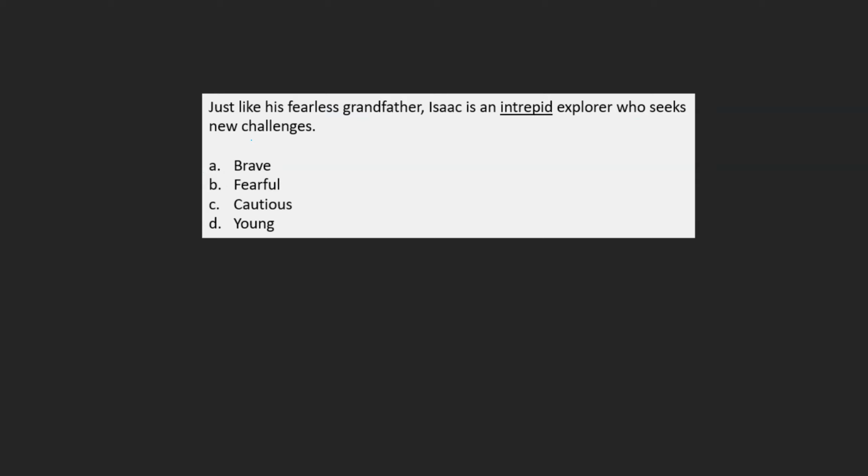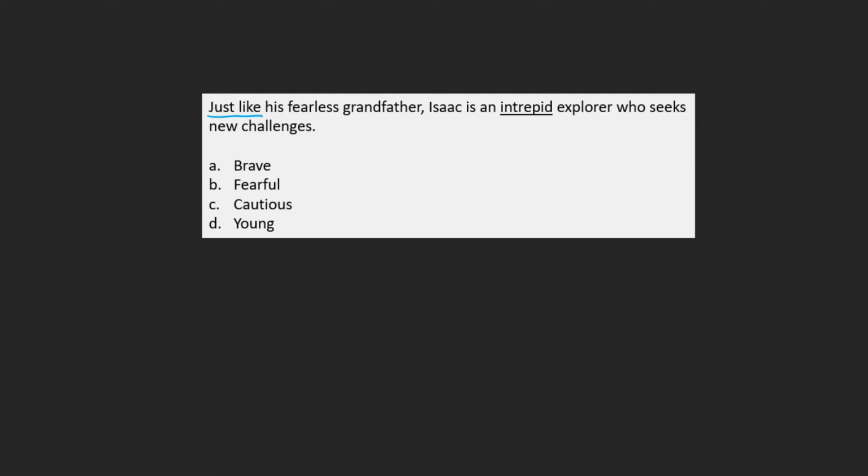Let's take a look at another example. Just like his fearless grandfather, Isaac is an intrepid explorer who seeks new challenges. Does intrepid mean brave, fearful, cautious, or young? In this sentence, we can see from the signal words just like that Isaac and his grandfather are similar.